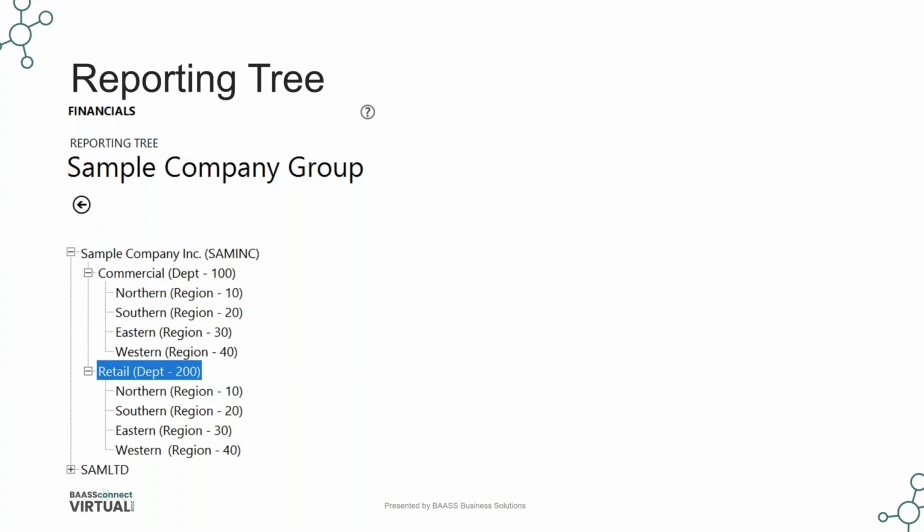There may be a need for you to report based on those segments. And reporting tree is a wonderful option for us to accomplish that, right? As you can see in this screenshot, right? It can 100% adhere to your GL structure.